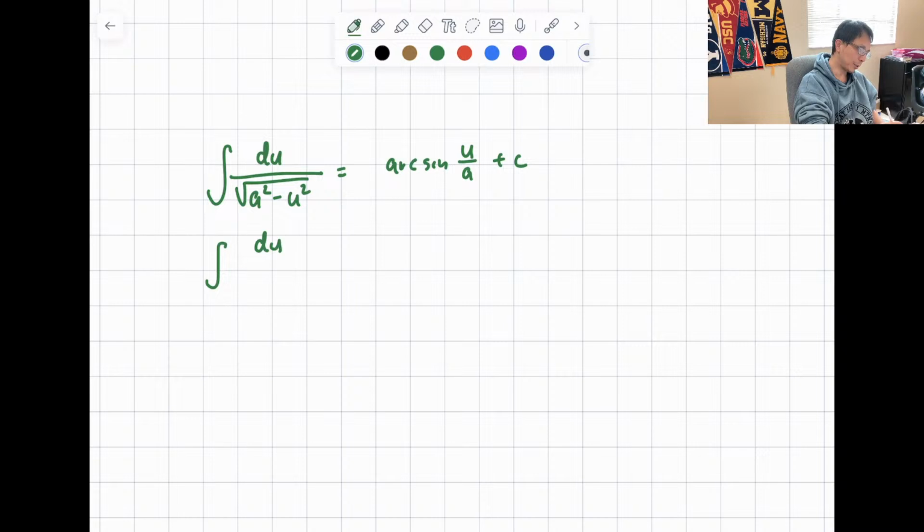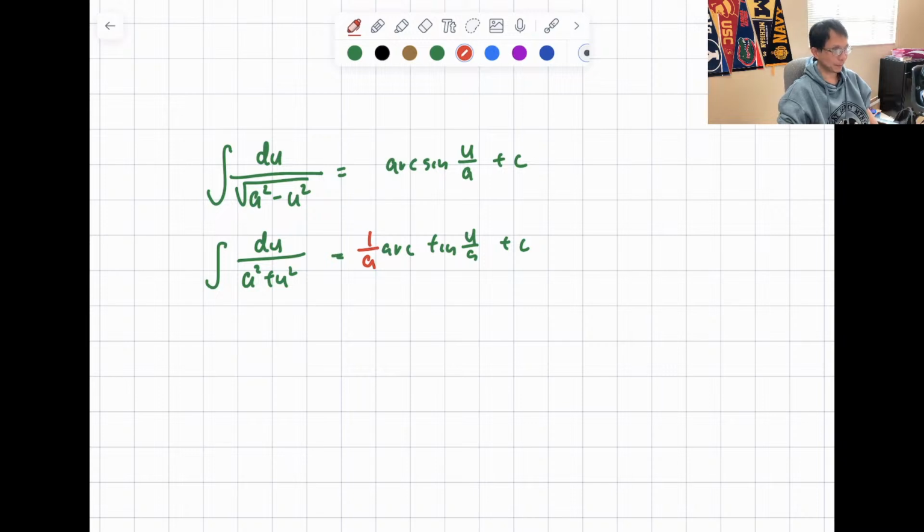The integration of du over a squared plus u squared is equal to arc tangent of u over a plus c. Now there was something I'm missing, which is 1 over a. Don't ever forget that 1 over a in the front. Is that in all of them?